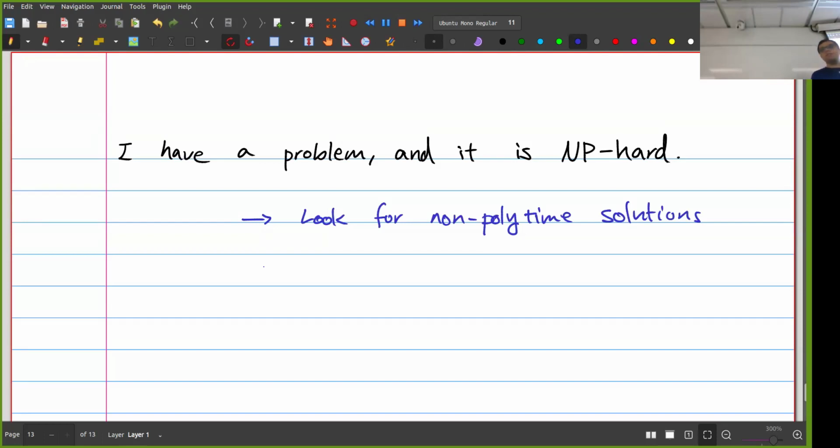When you have non-determinism, it's very important that you understand non-deterministic behavior is not the same as probabilistic behavior. Remember, non-determinism is magic. It's always doing the right thing that would end up accepting the input. It will not flip coins and do things randomly.